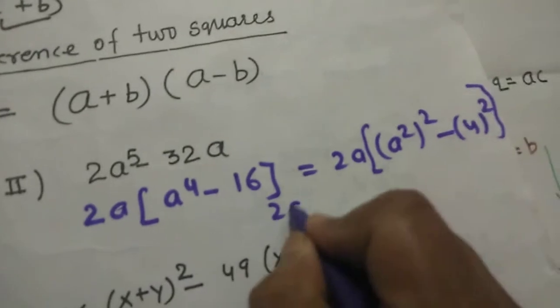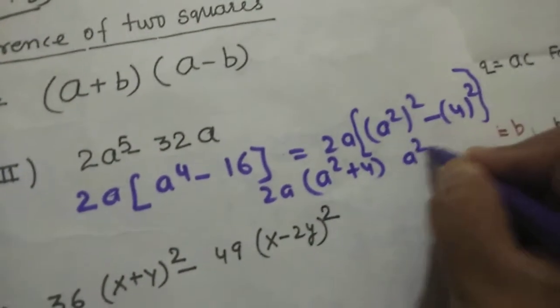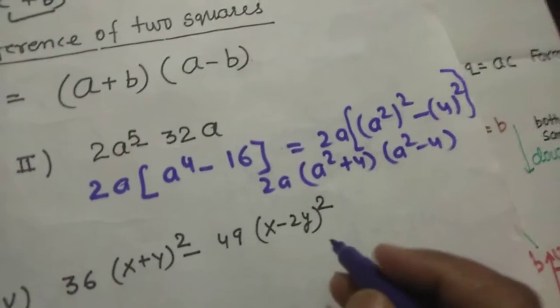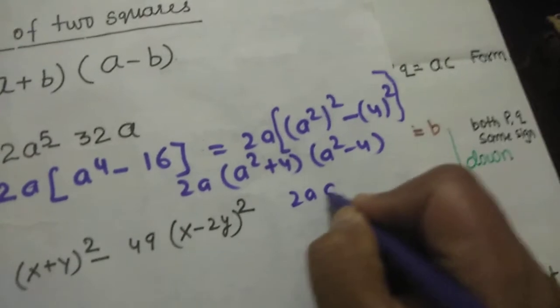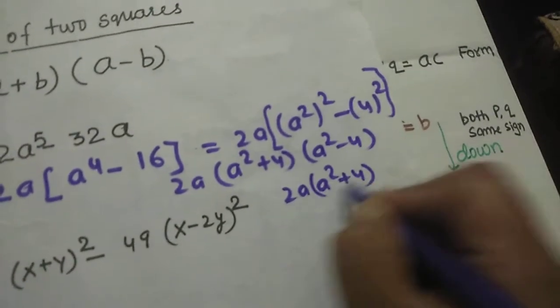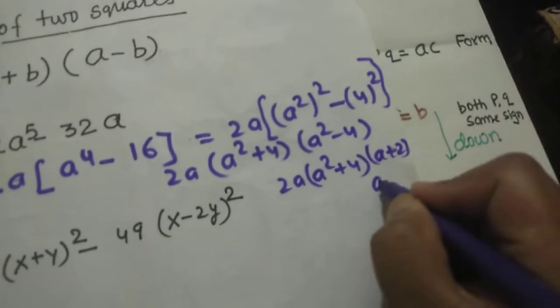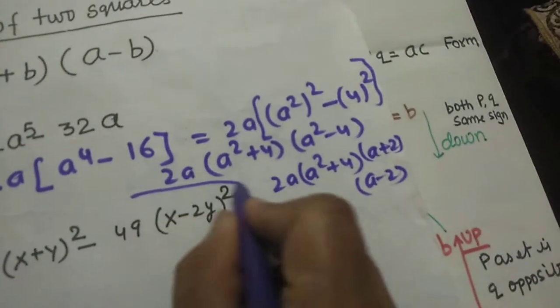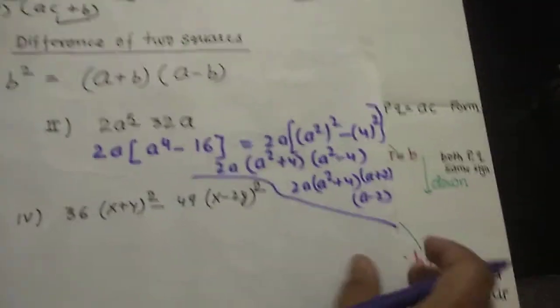So this will be 2, a square plus 4, a square minus 4. And this a square minus 4 can be further factorized: a plus 2, a minus 2. So the answer is 2, a square plus 4, a plus 2, a minus 2.